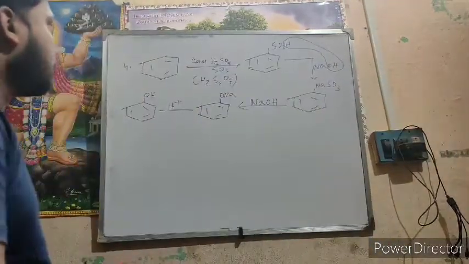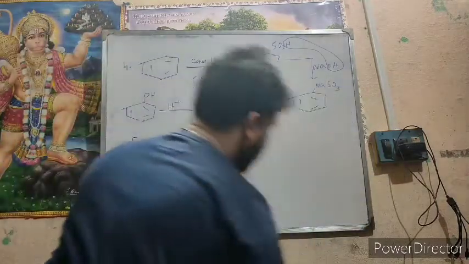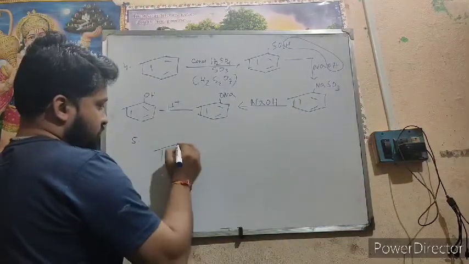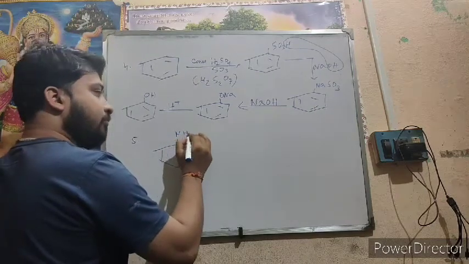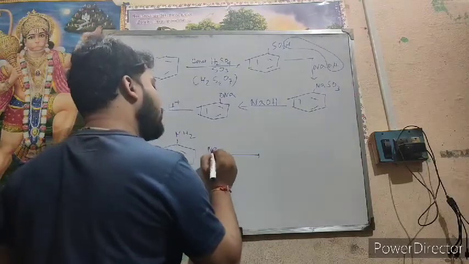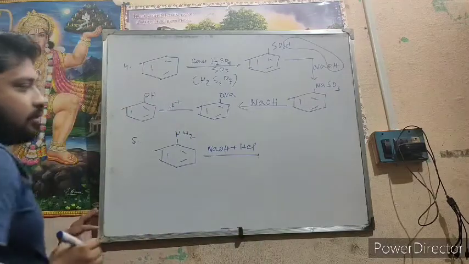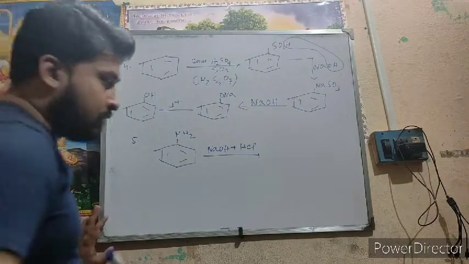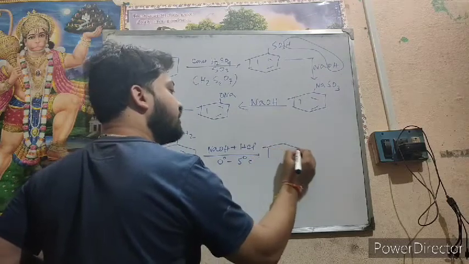Now I have another process, that is by benzene diazonium chloride. You have aniline, C6H5NH2, and you react it with NaNO2 and HCl at a temperature of 0 to 5 degrees centigrade.